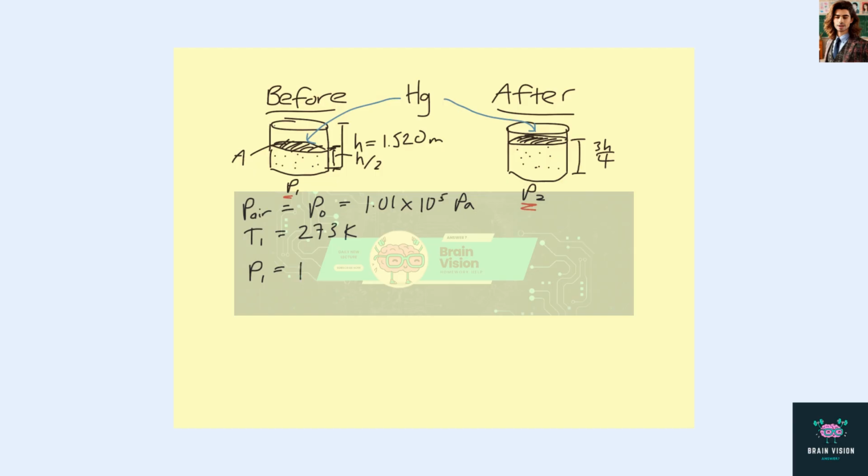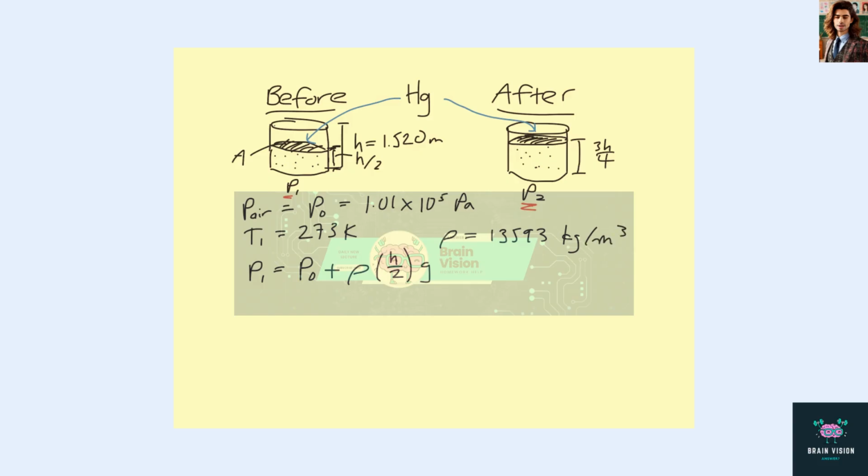So P1 is equal to P naught, which is the surrounding pressure, the pressure of air, plus the density of mercury times H over 2 times g. We know H, and the density of mercury, which you can look up, is just 13,593 kilograms per meter cubed.